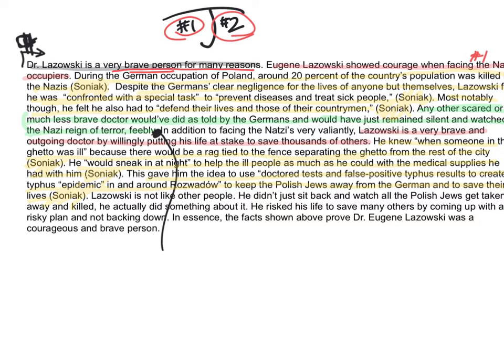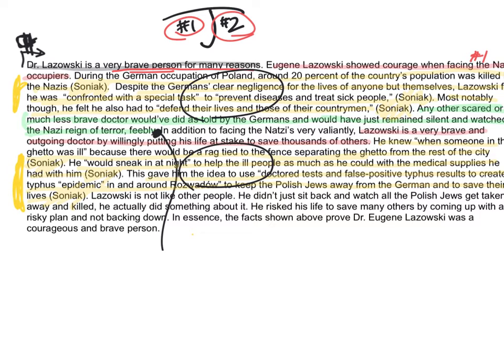I have right now figured out the very important difference between the first argument and the second argument. I can see it. Can you see it? So what is the difference between the facts in number 1 and the facts in number 2? Anyone? Anyone? Bueller?